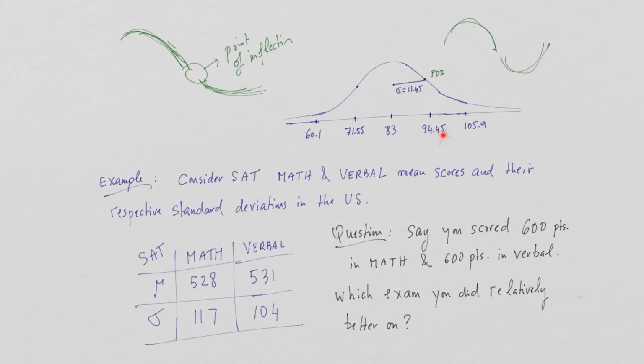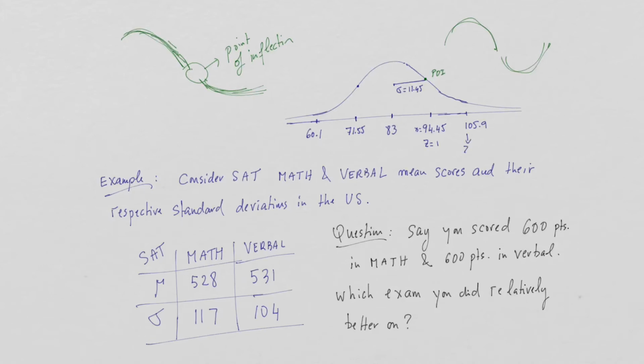Guess what? If you were my students and scored 94.45, I bet you are 1 standard deviation away from 83, which means right there, Z would have to be 1. This is X equals 94.45, which means Z equals 1.